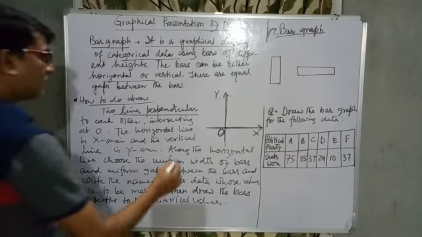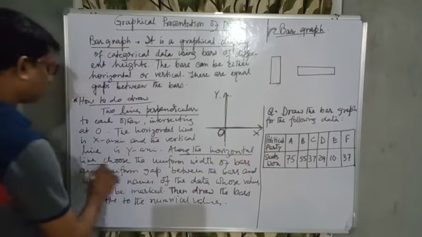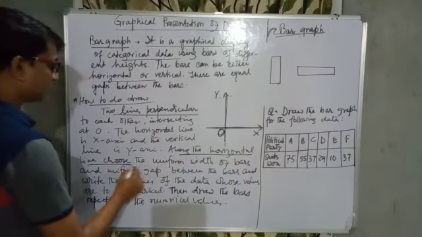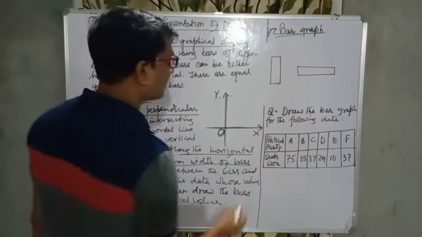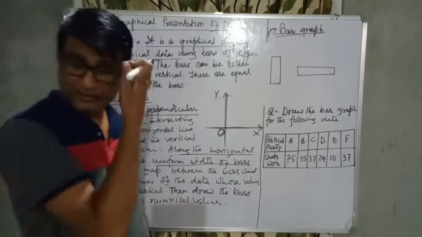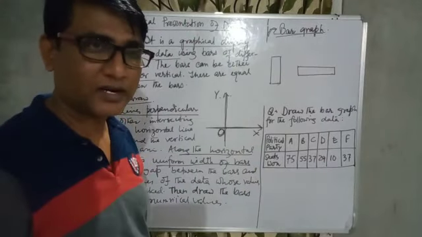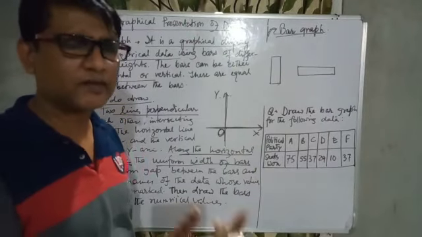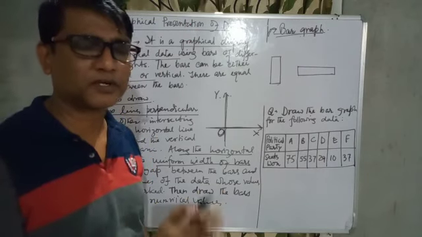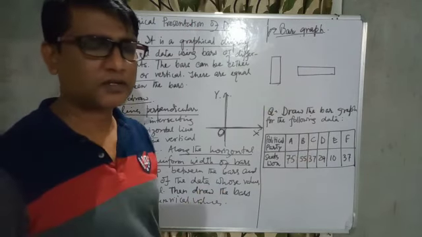Along the horizontal x-axis, we will choose the uniform width of the bars. In general, we represent the bar graph vertically, but depending on the question, sometimes we will draw a horizontal bar graph.